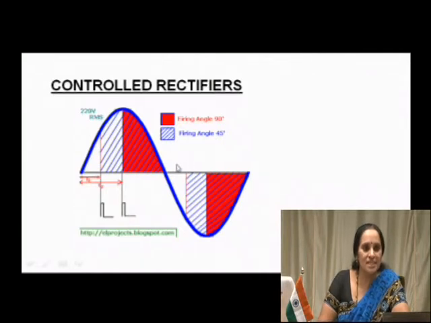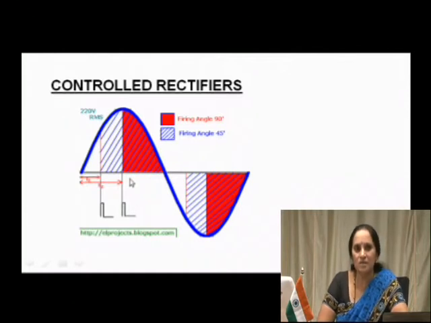Like this I can give firing pulses between 0 to 180 degrees as many times as I like, and I can control as many SCRs as I have connected in the circuit, depending on the complexity of the circuit, the number of SCRs connected, and the moment when they have to be turned on.